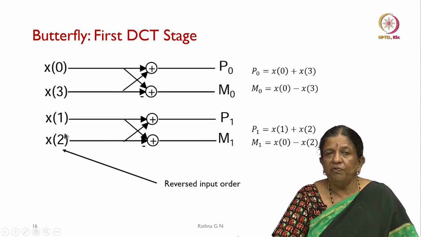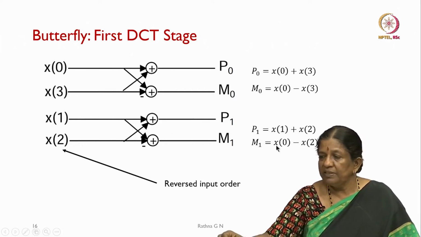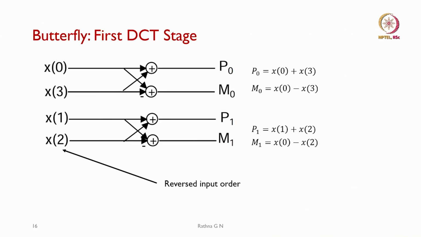Same way we will put it for x1 and then x2. So, that is x1 plus x2 will be P1 and x1 minus x2 will be my M1 here. So, what has happened here? We have the reversed input order just like our DFT. So, we are having x0, x3, x1 and then x2.